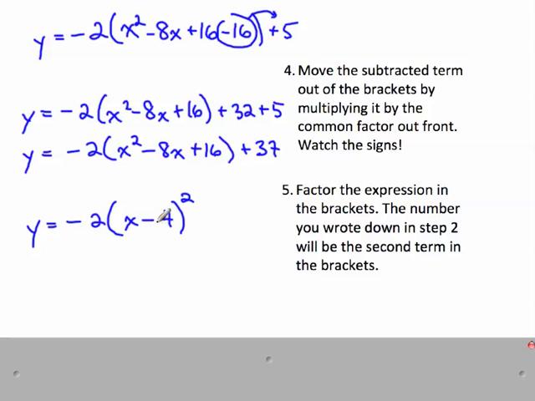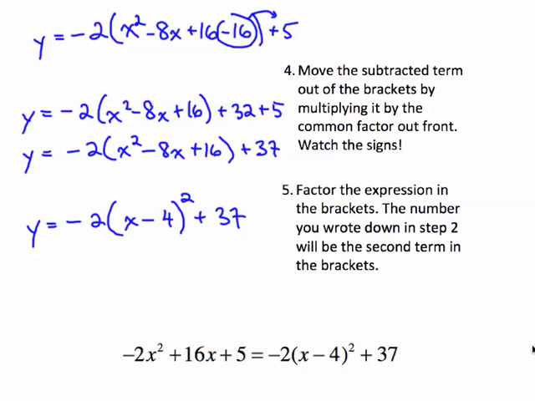So (x minus 4) times (x minus 4) would give you back this. And then we've got our 37 left outside. So our original standard form quadratic has now been written in this vertex form quadratic. Those two are equivalent, but we've converted from this form to this form by this process of completing the square.